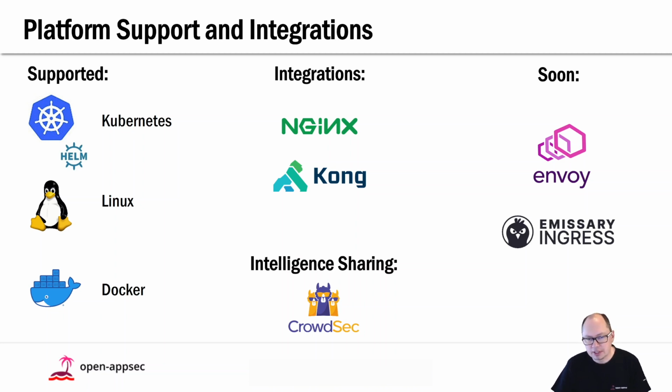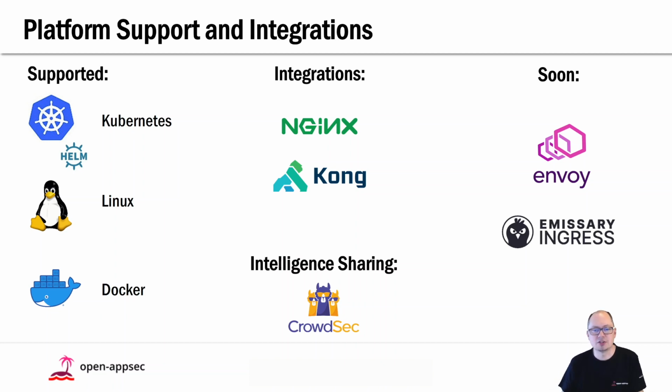In addition to this, we also recently announced a partnership with CrowdSec, where we allow you to consume threat intelligence that is provided by CrowdSec and also report the threat intelligence based on open-appsec's advanced detection and prevention mechanisms based on the contextual machine learning engine.